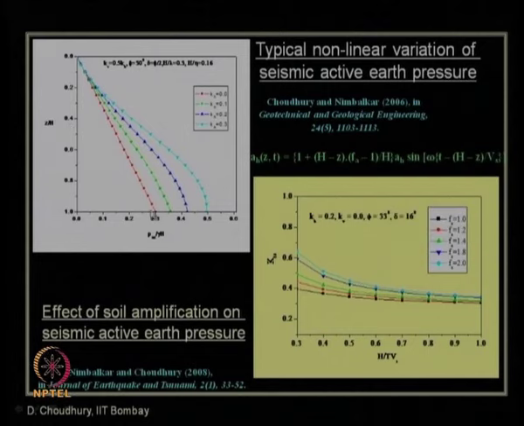This red line is the result for the static case, and as the seismicity increases, as we know for the active state, the design value or critical value should increase, right, because in the active case we maximize the design value. So as the seismicity increases, the design value increases compared to the static one, and the variation of the active earth pressure distribution with depth is highly nonlinear, as you can see over here.